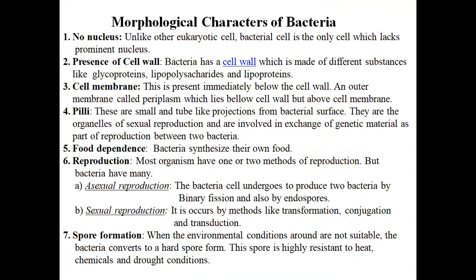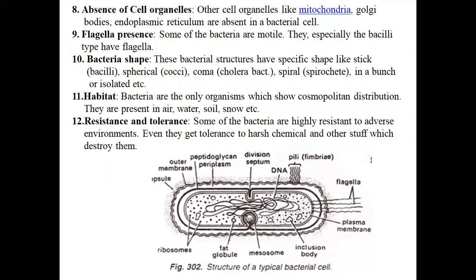Next is pili. These are small, tube-like projections from the bacterial surface. They are the organelles of sexual reproduction and are involved in the exchange of genetic material between two bacteria. You can see here the fimbriae or pili, a hair-like projection structure which is important for the transfer of genetic material during reproduction.